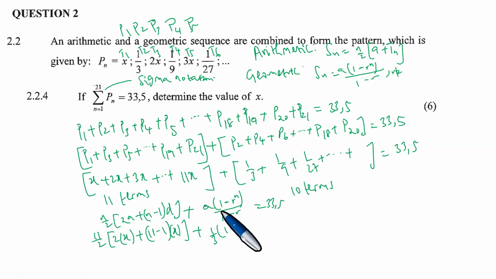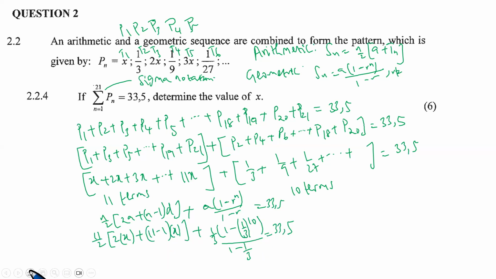We got the common ratio to be 1/3. The denominator is 1 minus 1/3, and the result is exactly that one.